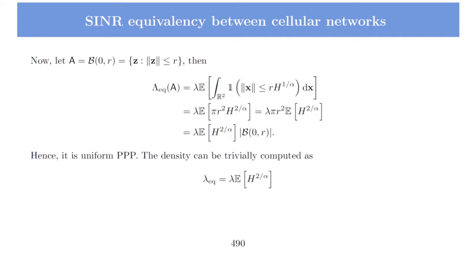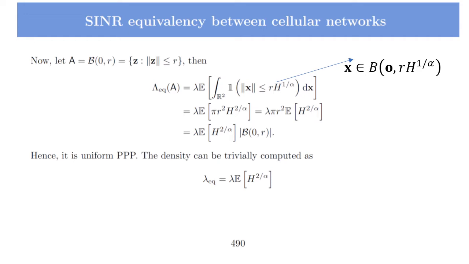Now, summation of any indicator over a set. So this condition, norm of x is less than or equal to r h to the power 1 upon alpha, is the same as saying that x belongs to a ball of radius r h to the power 1 upon alpha with center at the origin.